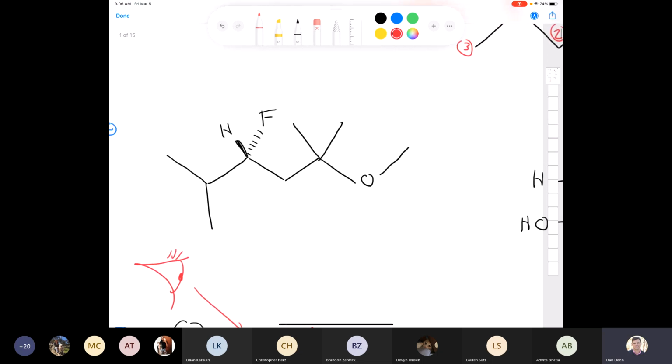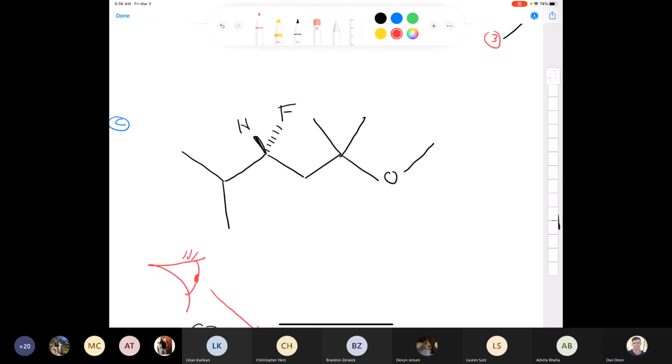Let's try C. Same thing. We have one chiral center. Here our hydrogen is coming out in front. So no matter what the stereochemical configuration we get is, we're going to reverse it, right? That's the trick we're going to use. Fluorine has an atomic number of 9, so it definitely is the highest. Hydrogen is the lowest.